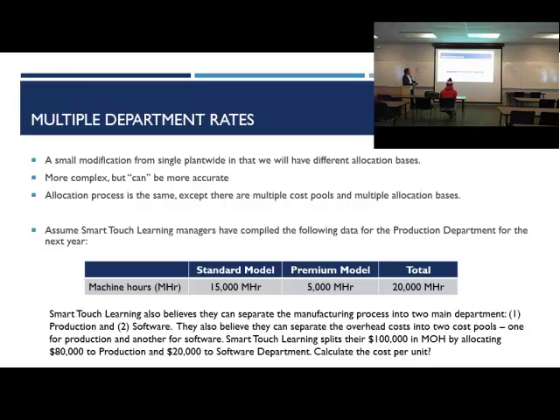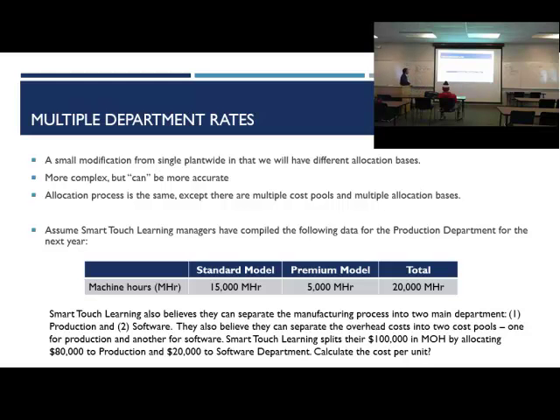This is a small modification from a single plant-wide rate, in that we use different allocation bases. This is more complex, but it's more accurate. The reason this came about was they were trying to figure out, well, we have this single rate, but it's not as accurate. As technology got better, costs went down. So how do we be more accurate in our pricing?